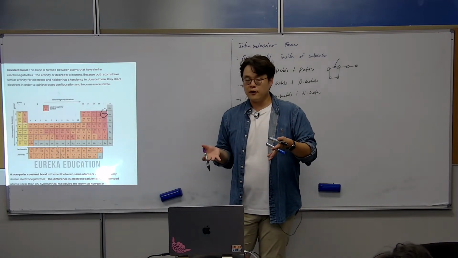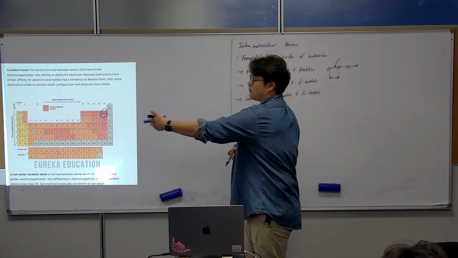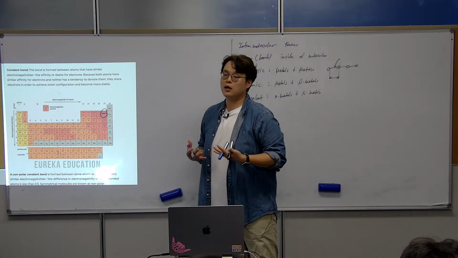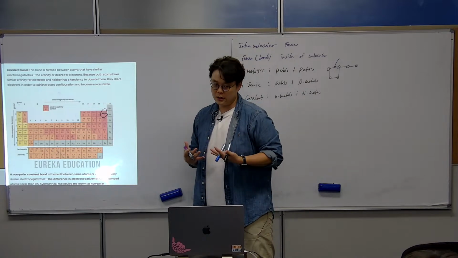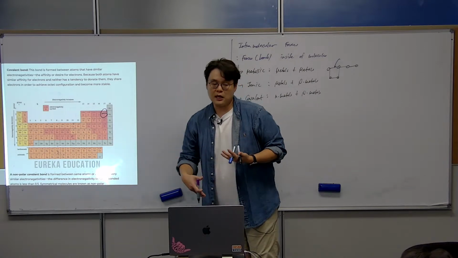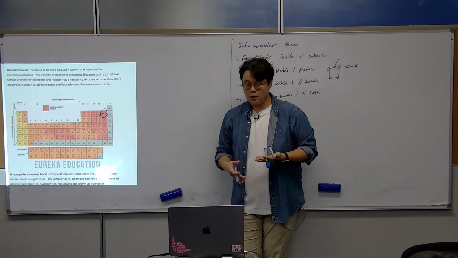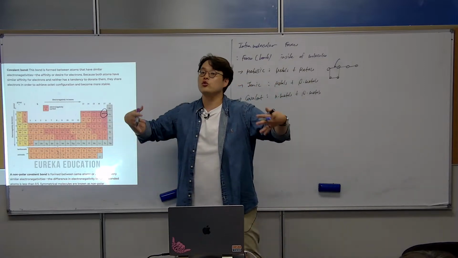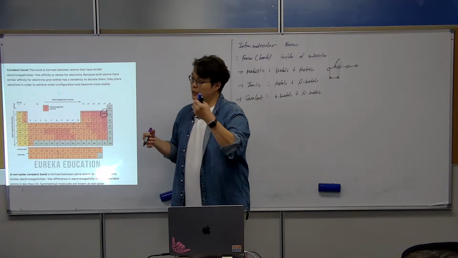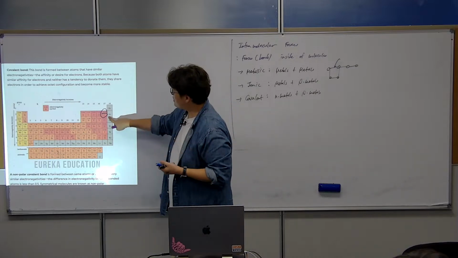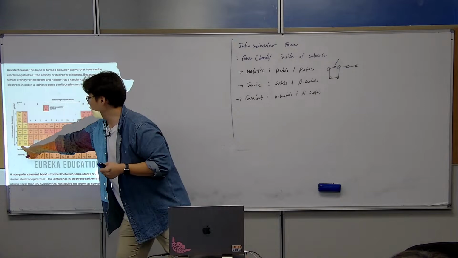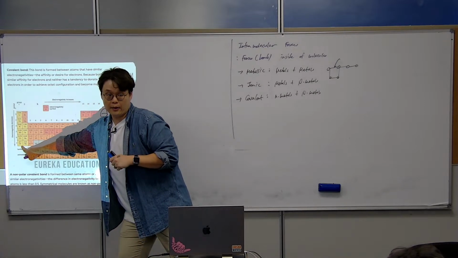Across the period from left to right, electronegativity increases due to the greater, stronger electrostatic force towards the nucleus. Down the group, electronegativity decreases because of the greater atomic radius, therefore easy to lose, hard to gain. So fluorine has the greatest electronegativity, and francium has only 0.7.